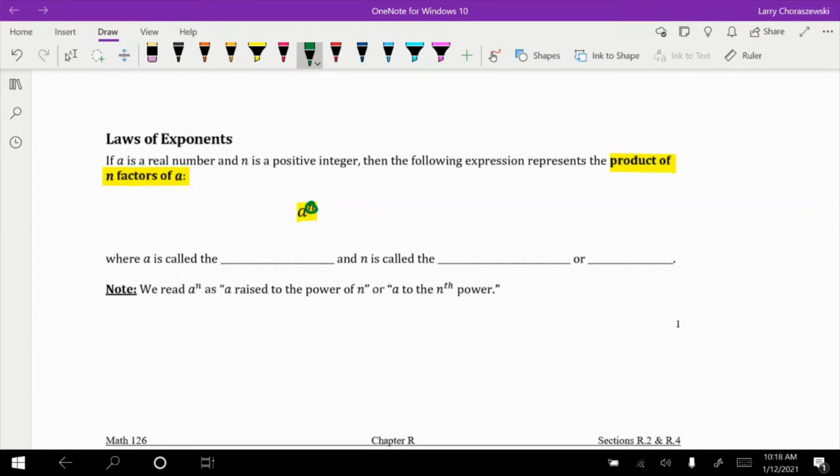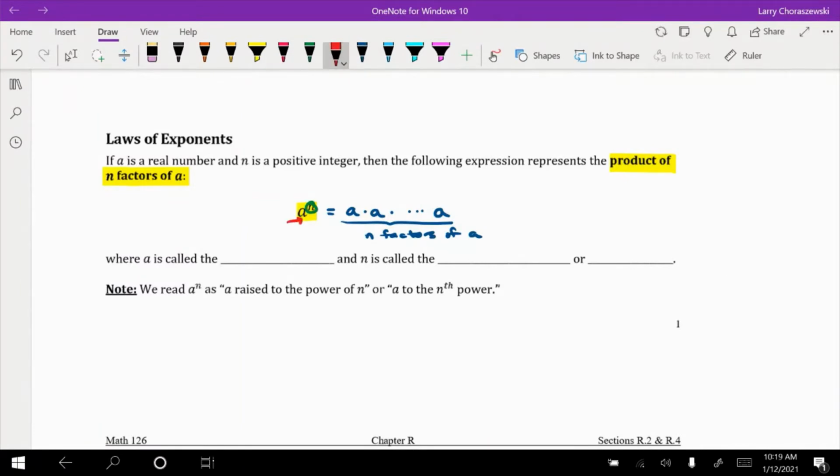It's basically an exponent, and it tells you how many factors of a you're going to be multiplying together. So generically speaking, a to the power of n is just repeated multiplication of a with itself until you've written out n factors of a, which I'm going to indicate right below.